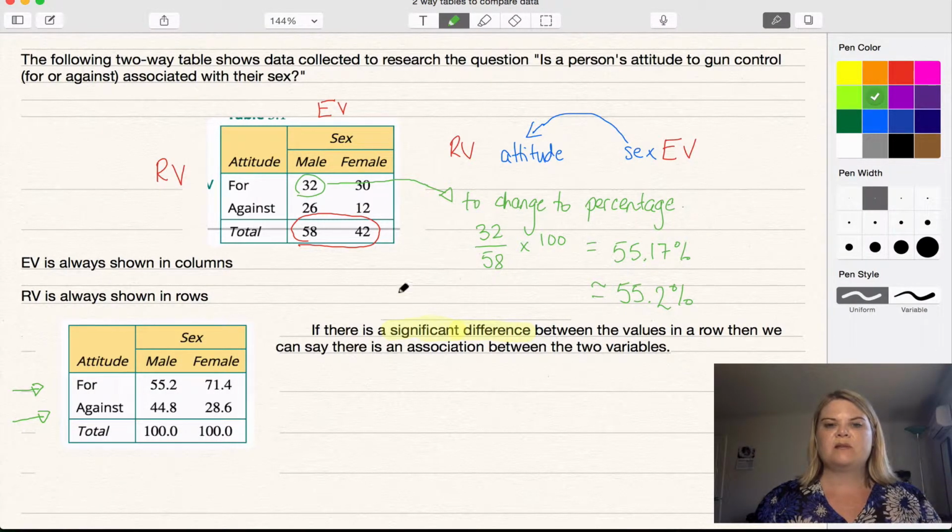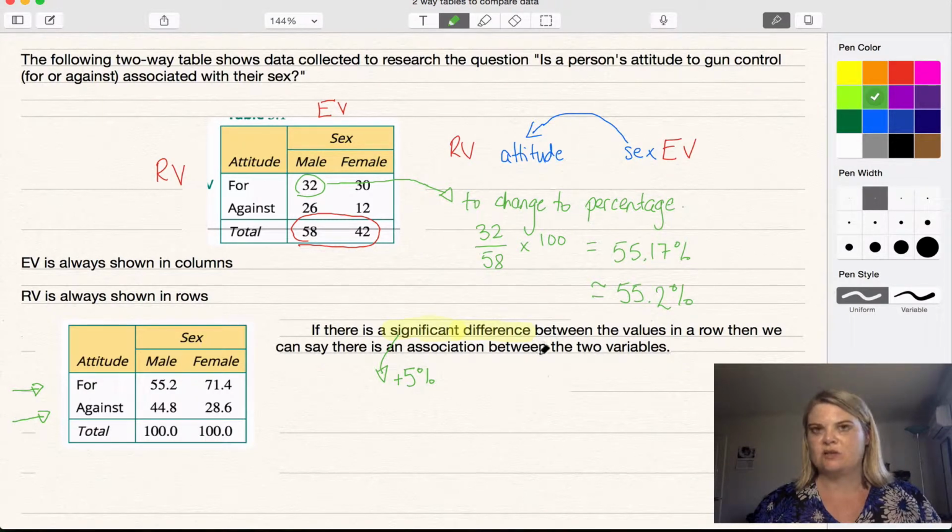So for the purposes of this, a significant difference will be more than 5% difference. If you've got more than 5% difference, then it's significant enough to say there's association. If you've only got 1 or 2% difference, then you can assume that there's no association and they're pretty close to even.